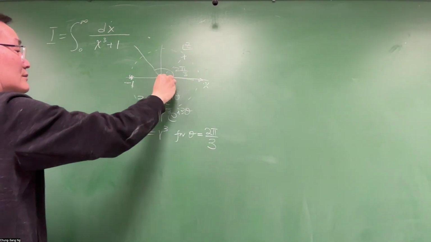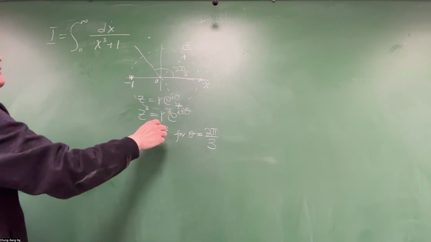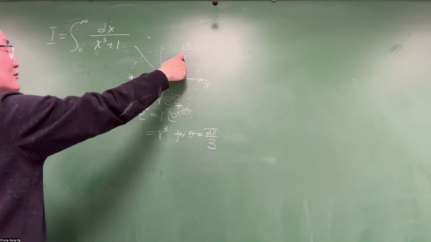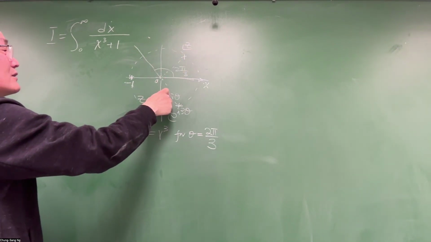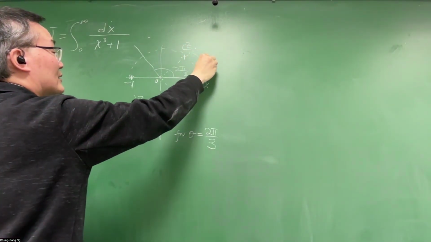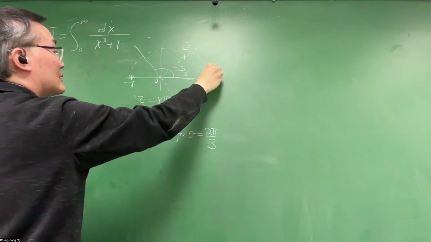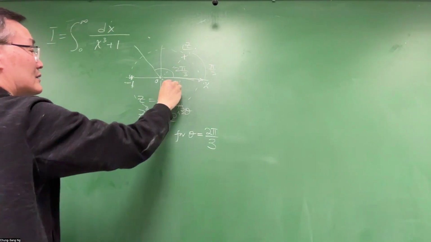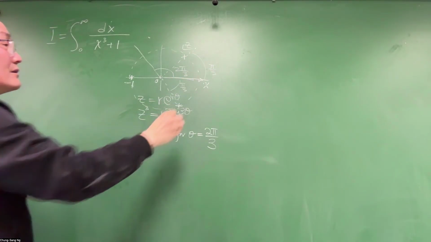Separate the angle into equal parts. So it's 120 degrees, 120 degrees, and obviously this line will be pi over 3. This is also pi over 3. Right?